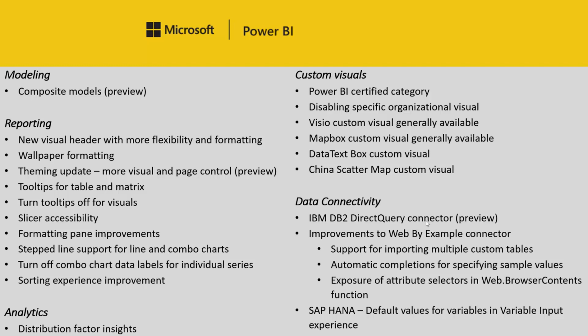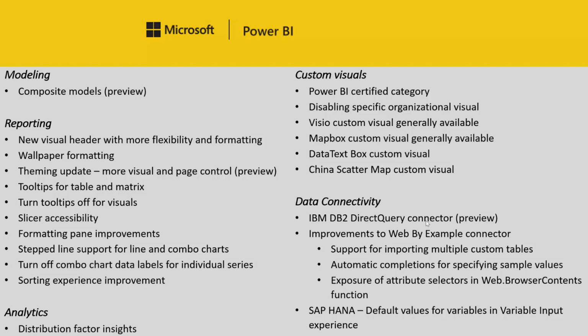They have also added control for the auto zoom setting, so as you are cross-highlighting and cross-filtering, you can choose to turn on or off the zoom to narrow down on that data point. It also has support for layers, which allows you to support complex diagrams and improve the performance of the Visio visual in your report.